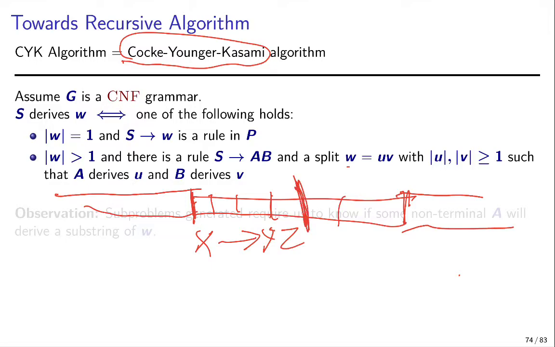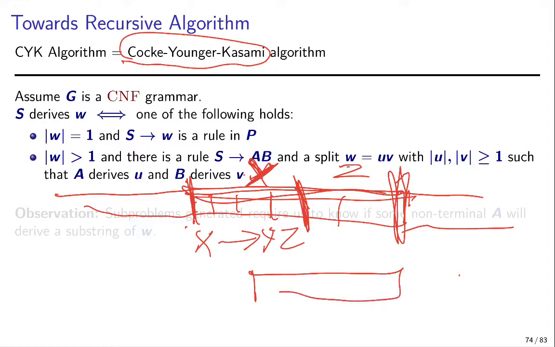Then we have to pick the parts, and say, okay, this whole substring can be derived by X if the left part can be derived by Y and the right side can be derived by Z, right? So the idea is that the string can be derived by X if there is a rule such that X derives YZ, such that Y derives the left side and Z derives the right side, right? So if we have this rule, then we know that X can derive the whole substring, right?